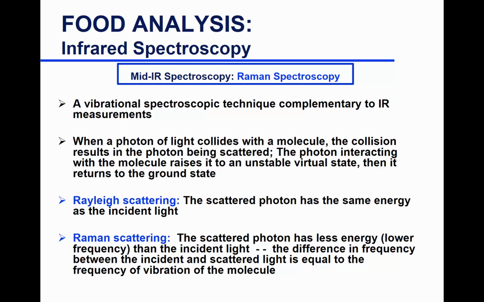In Raman scattering, some of the components absorb the light and don't return to the same vibration level; they go to a higher vibration level, and that's what gets detected. The difference in frequency between the incident and scattered light is equal to the frequency of the vibration of the molecule.